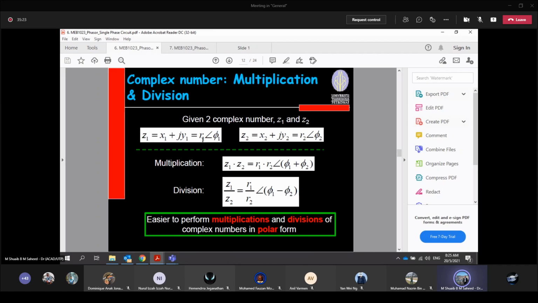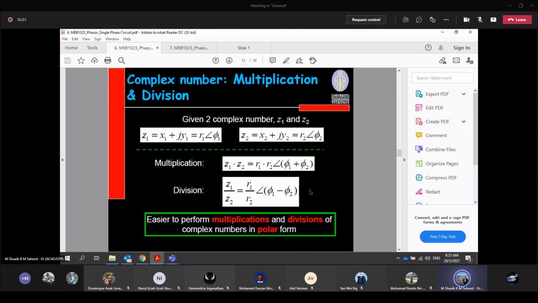If you have the polar forms R1 angle Phi1 and R2 angle Phi2, for multiplication, just multiply the amplitudes, the radii R1 and R2, directly, and then add the angles: Phi1 plus Phi2. If it is a division, you divide R1 over R2, while for the angle, you subtract: Phi1 minus Phi2.